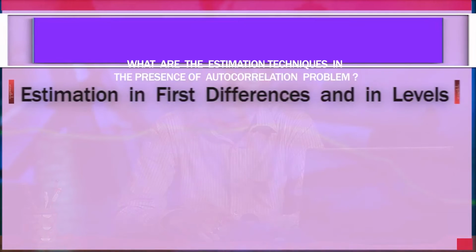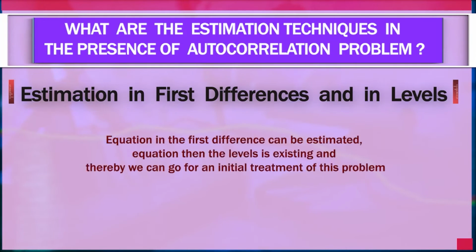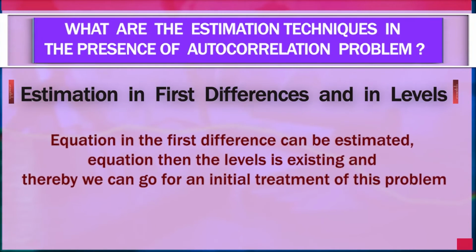One of the much easier ways to diagnose the problem is to take the first difference. That means we subtract yt minus 1 from yt, and we get an equation in the first difference. So the equation in the first difference can be estimated, the equation in the levels is existing, and thereby we can go for an initial treatment of this problem.